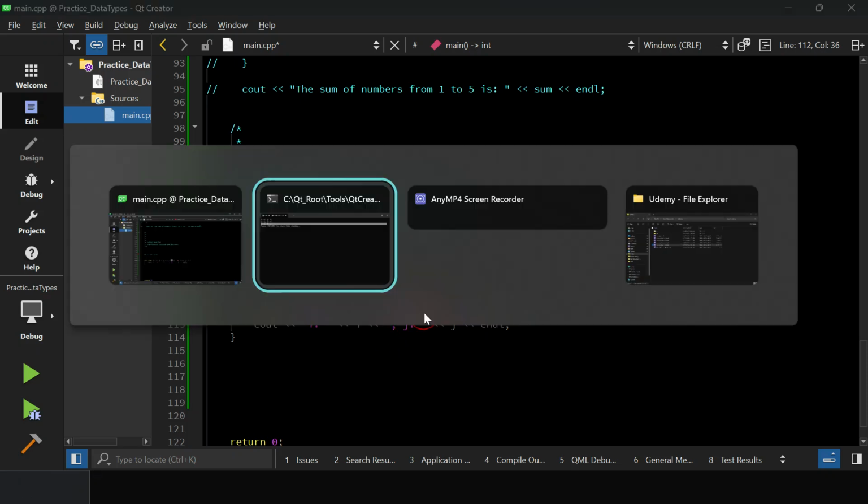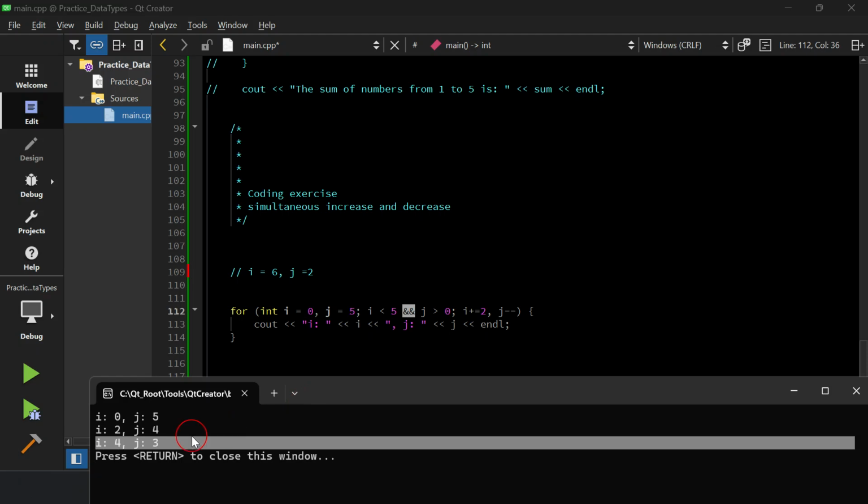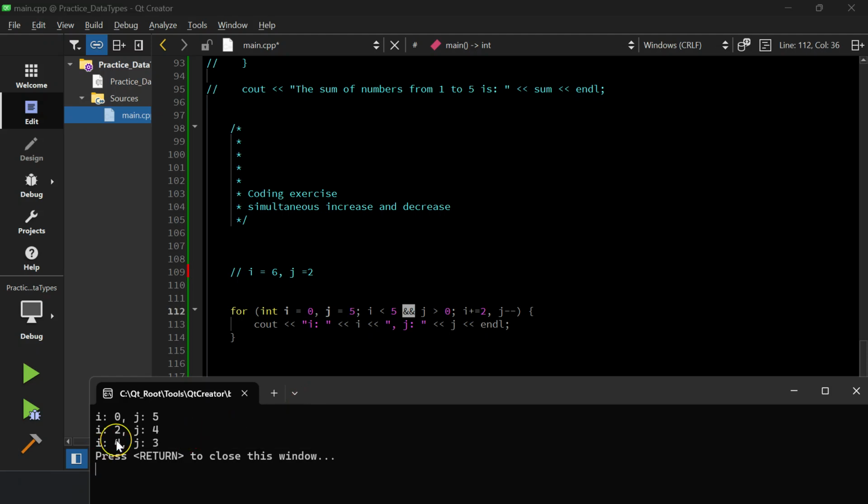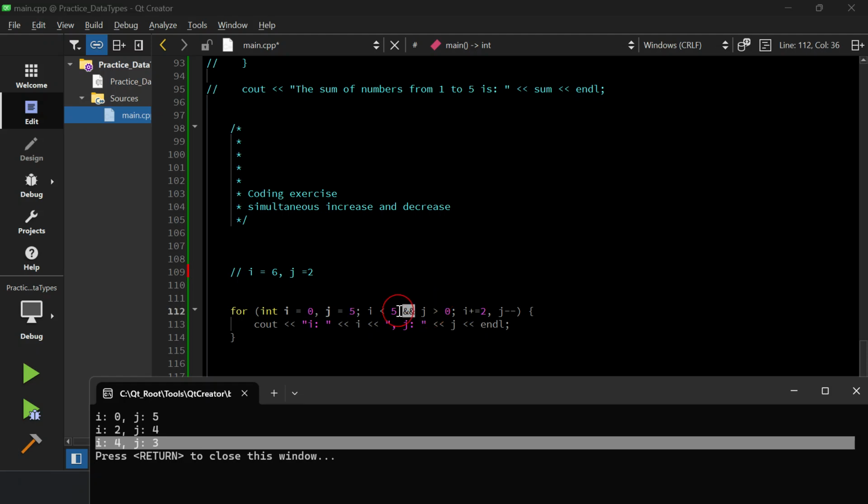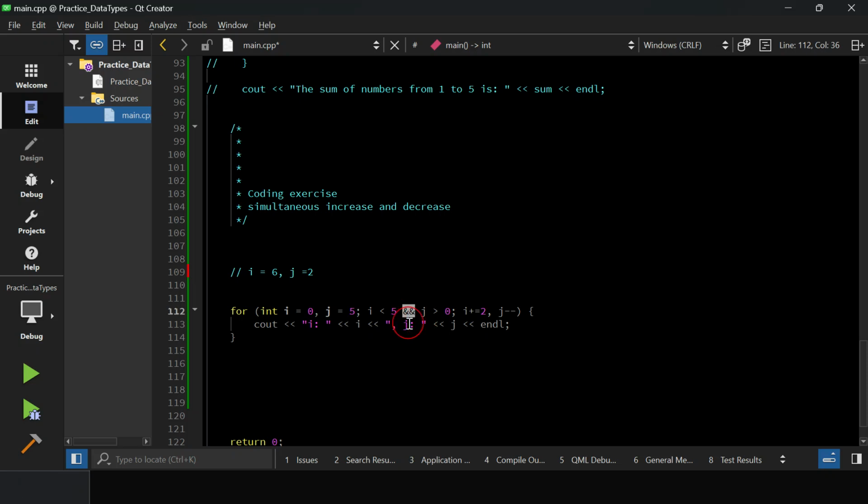Therefore, the loop is finished when i is 4 and j is 3. So this is how the AND operator would work. If it was an OR condition, it would have worked because if either of them works, it will work. So let's try to see how it works with OR.